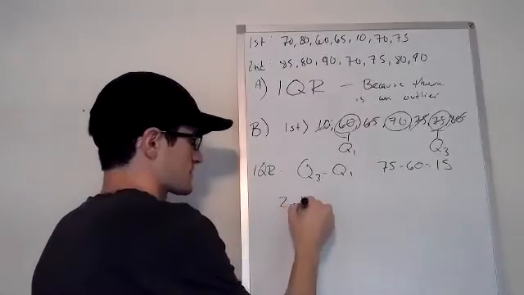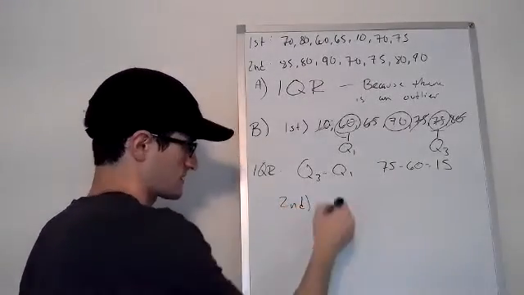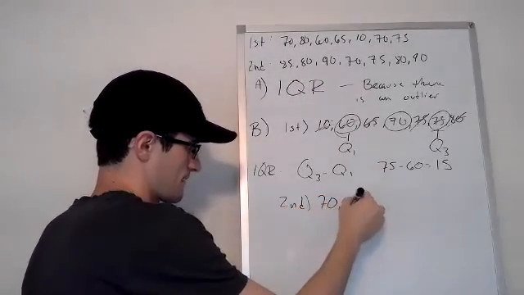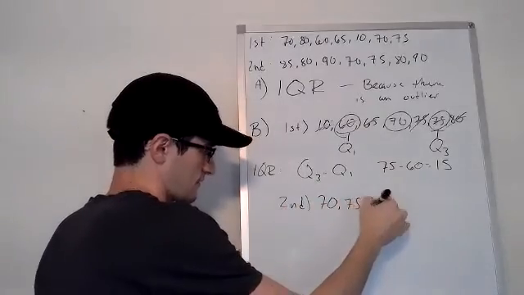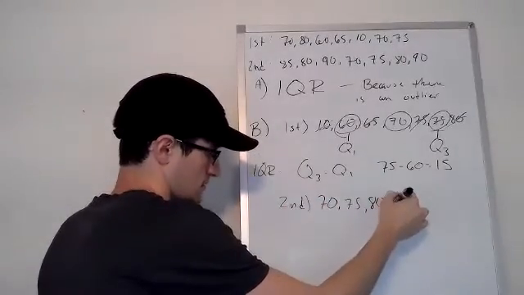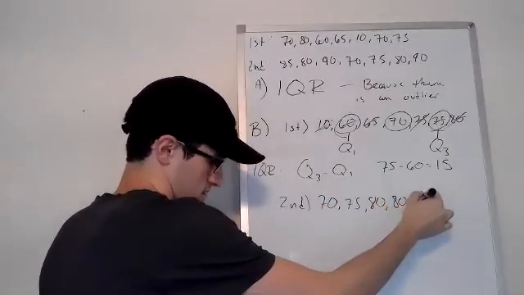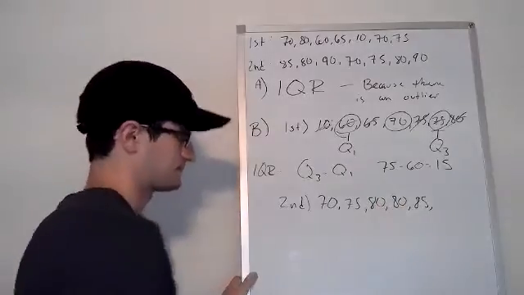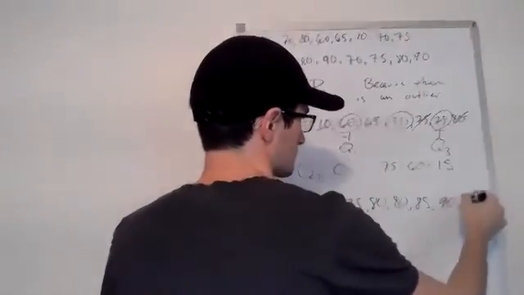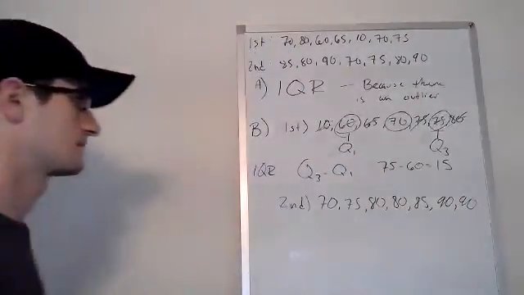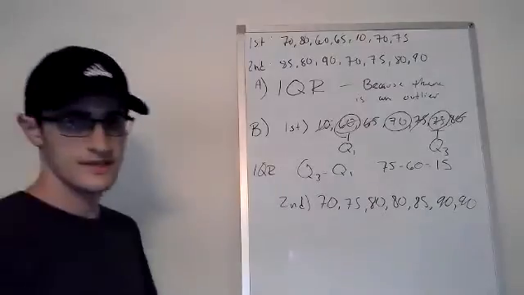Repeat the process for the second semester. So that's 70, 75, 80, 80, 85, 90, and 90. The process is going to repeat.